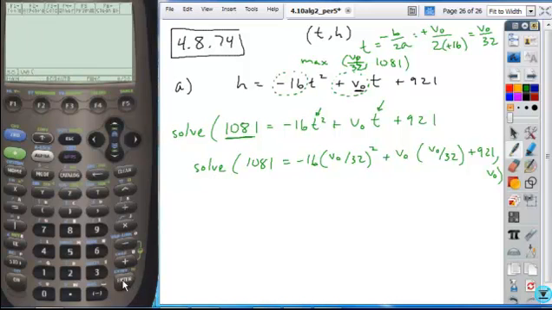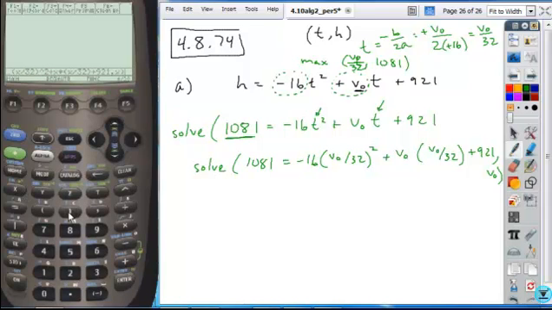But that's the equation I'm using. So 1081 is equal to negative 16 times the quantity x over 32 squared plus x times the quantity x over 32 plus 921, and I want to solve that for x.